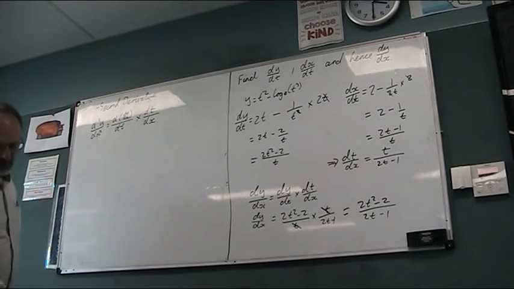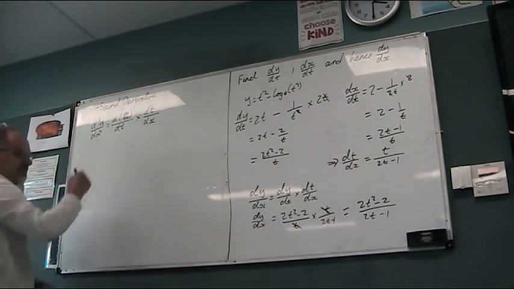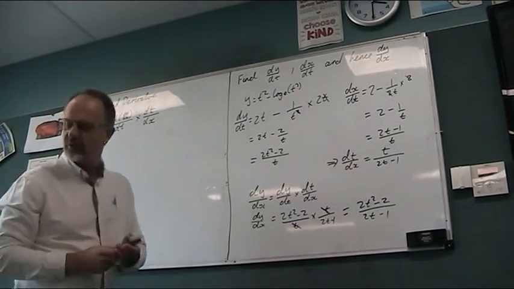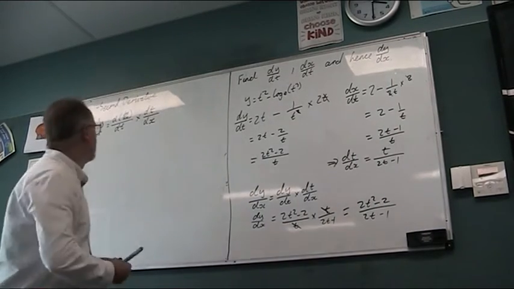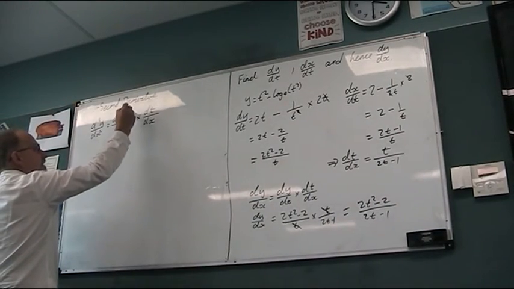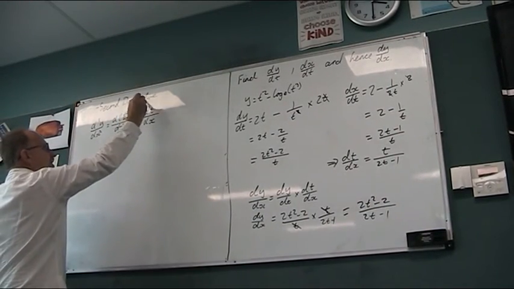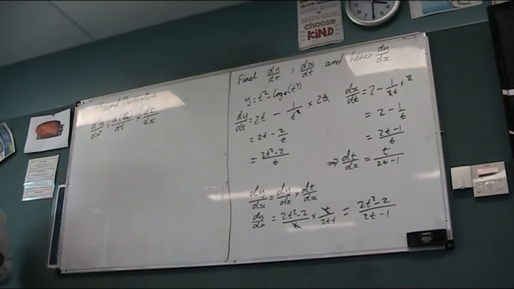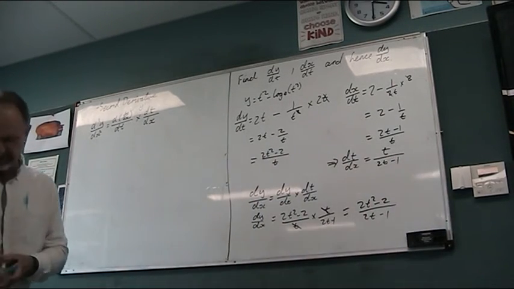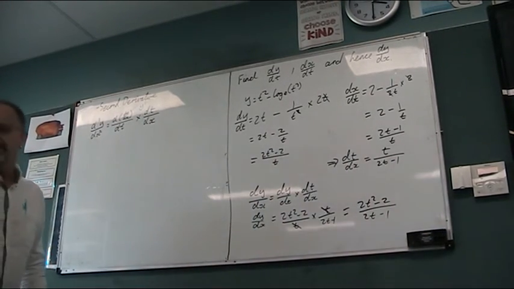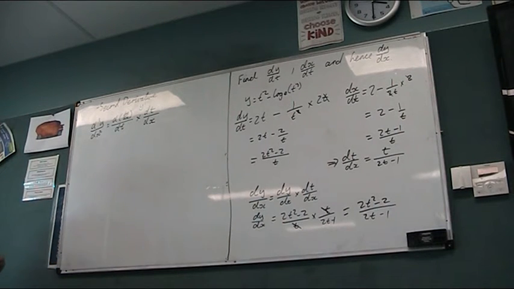In your textbook, and in other ways that you might see it, they write this bit here as y dashed. So you might see that there. So what do you need for your second derivative?